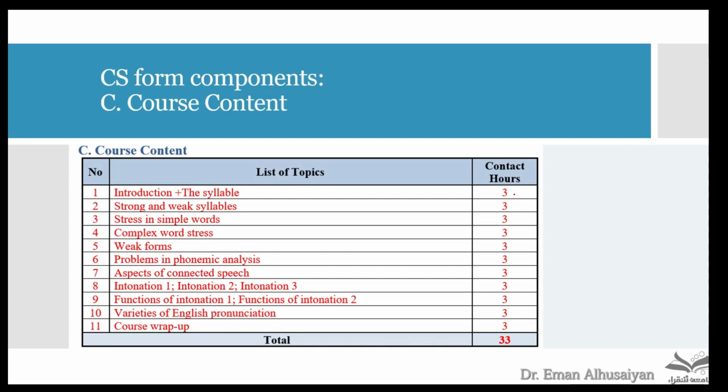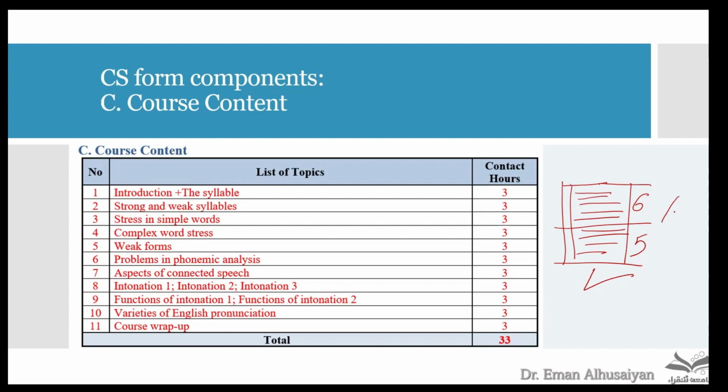I have seen in some course specifications one very long topic, another very long topic, and here it says 6 weeks, and here, for example, 5 weeks. Okay, this might be an excellent thing for yourself as an instructor, because you know what you're going to do, but this is not the right thing.